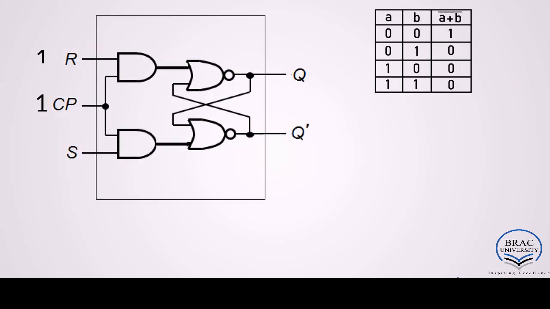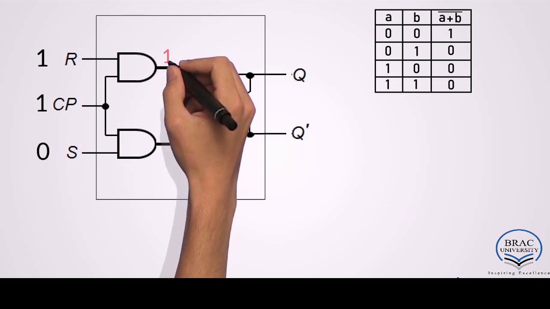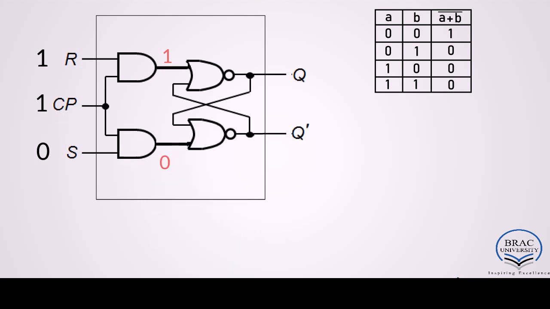Now let's make reset equal to 1 and set equal to 0. Then firstly, from the AND gates, we will have 1 and 0. After that, since one of the input of the first NOR gate is 1, the result will automatically be 0. So we get Q equal to 0.